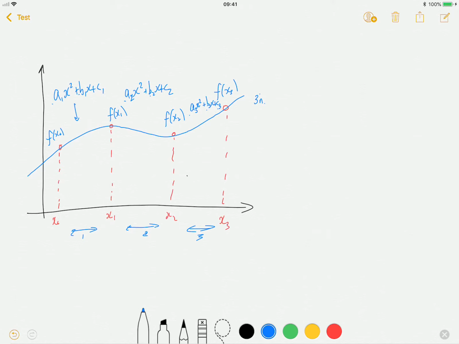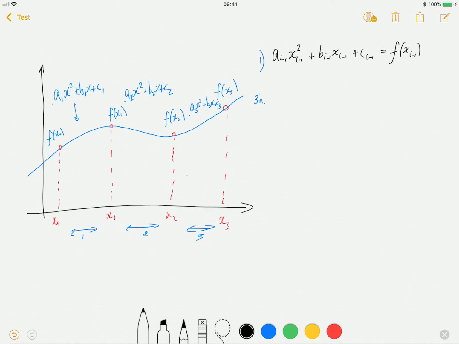Okay, so for the first condition, I'm going to switch to my black pen. We say that the function values of adjacent polynomials must be equal at the interior knots. So in other words, a at i minus 1 multiplied by x squared at i minus 1 plus b at i minus 1 multiplied by x at i minus 1 plus c at i minus 1 is equal to the knot value, f of x at i minus 1.